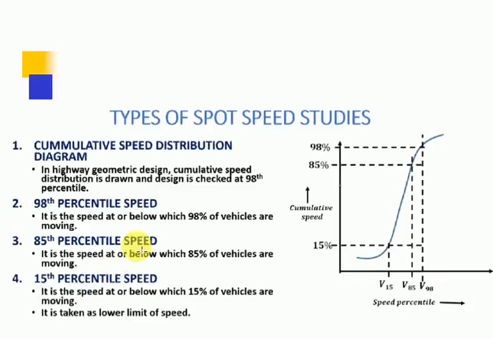After getting the count for a particular range, you can express it as a percentage. Suppose there are 5 vehicles in the speed range of 10 to 20, then its percentage is 5 by 100, so 5% of the vehicles are in that speed range.